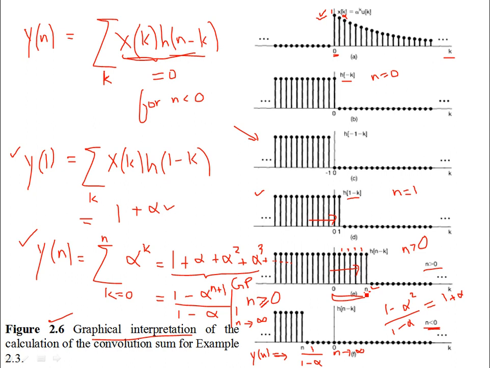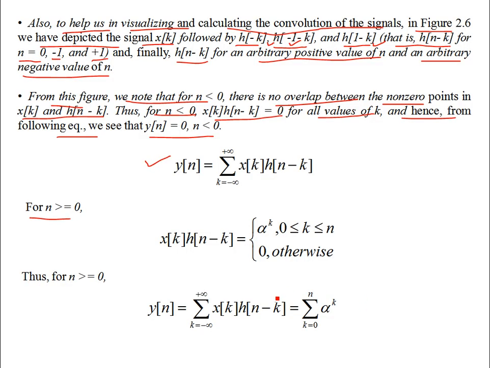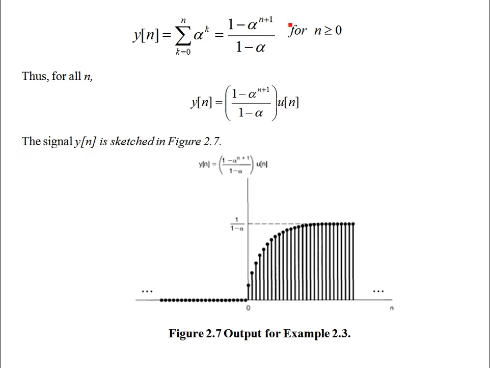So this is from k equal to 0 up until n, and then we have to sum it up. So this is alpha^k, and your final expression is given by the geometric progression sum, which is (1 minus alpha^(n+1)) over (1 minus alpha). You see the total number of terms is n plus 1. It starts with 0, and this is up until n, so if you include 0 as well, then this becomes n plus 1. So y[n] is (1 minus alpha^(n+1)) over (1 minus alpha) times u[n].